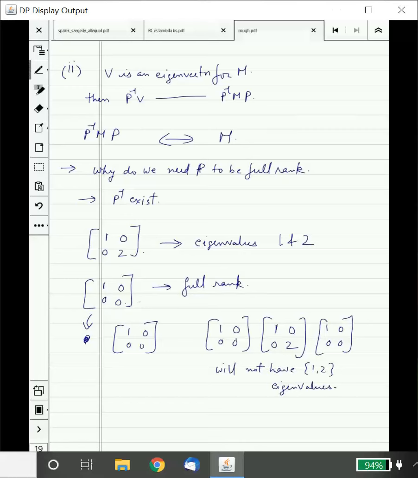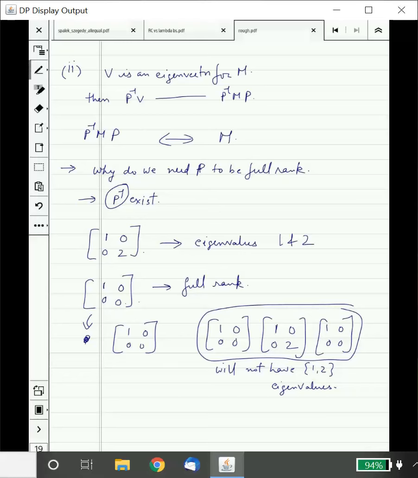This is an easy thing to verify. So pseudo inverses will not work. If you don't know about pseudo inverse, don't worry. You just notice that P inverse needs to exist to make this theorem work.